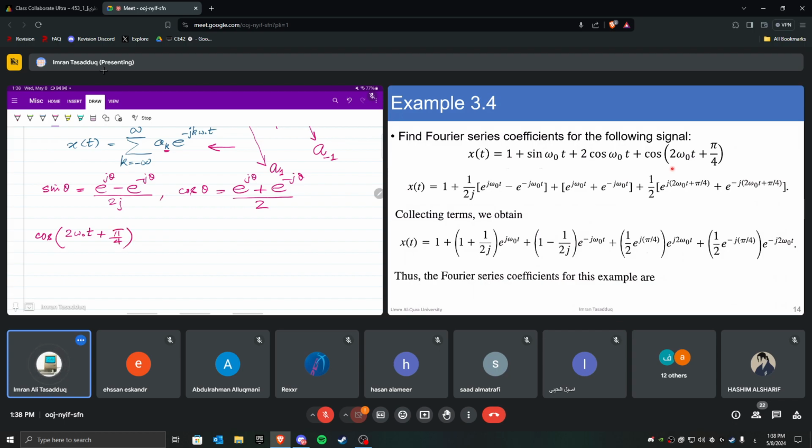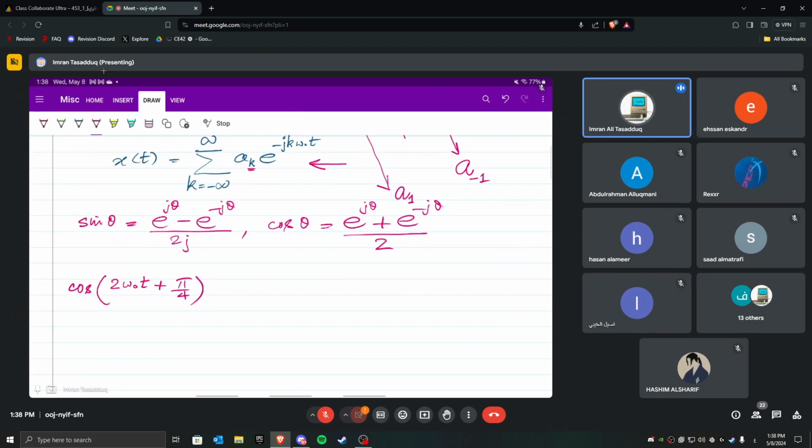Let me make it larger so that you can see it. So this is equal to e to the power j theta, where theta in our case is 2 omega naught t plus pi by 4, plus e to the power minus j, and again theta, 2 omega naught t plus pi by 4, and then the whole thing is divided by 2.